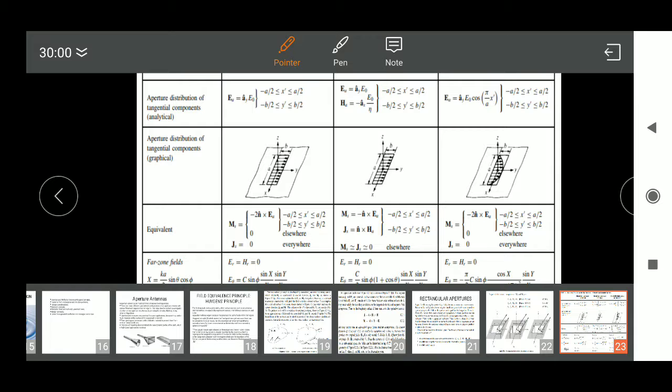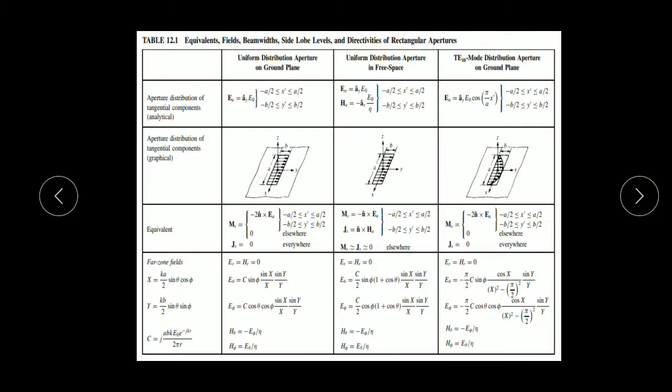Okay, so this is the uniform distribution of electric field in the y direction. This is the rectangular aperture in the infinite ground. Basically, we design an aperture in infinite ground metal.